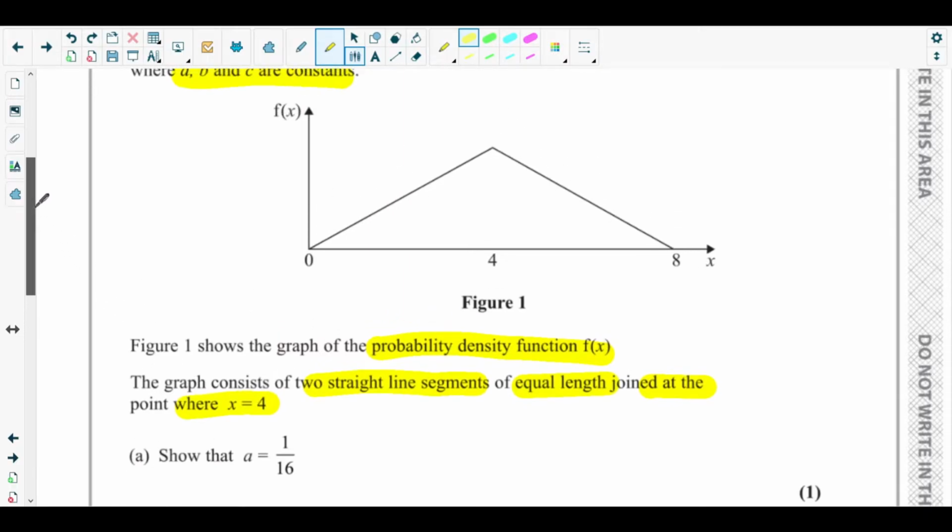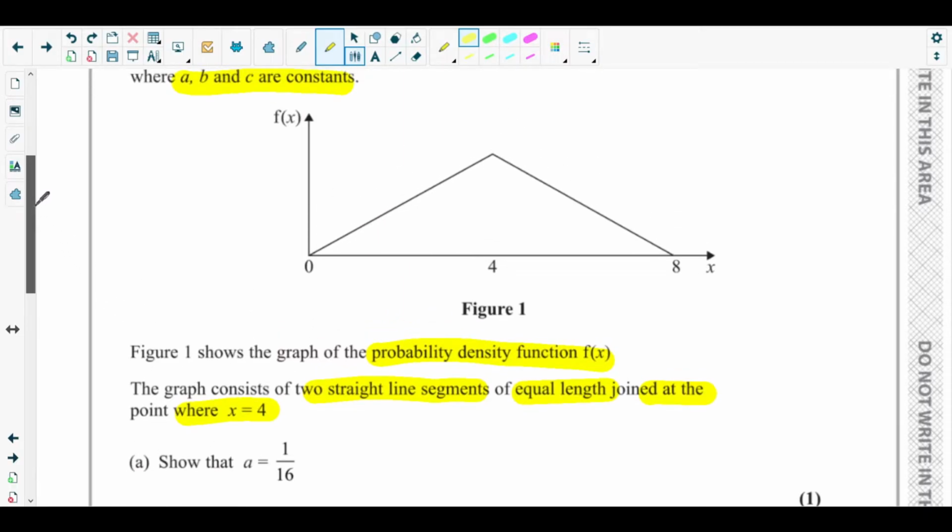You can see in Figure 1 that the two line segments are forming a triangle. They are of equal length, so they are forming an isosceles triangle, right? That's about the question.